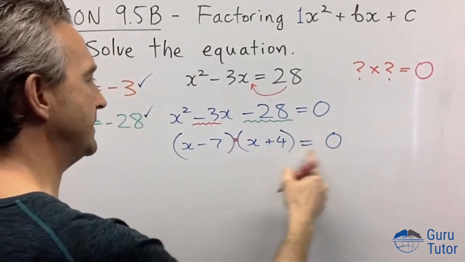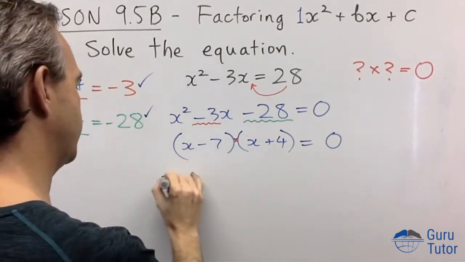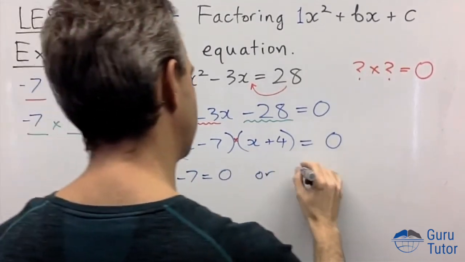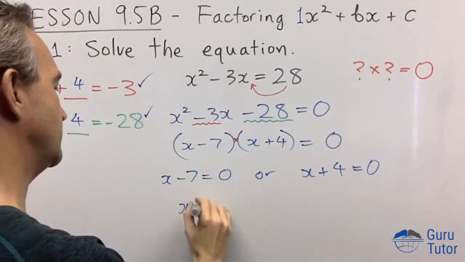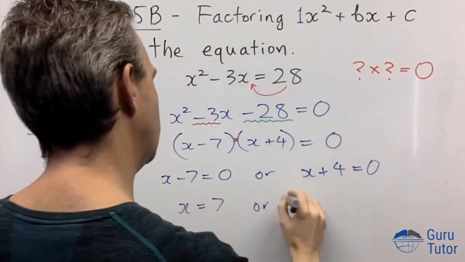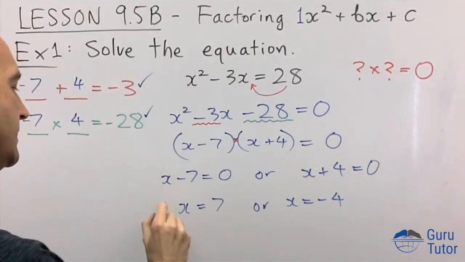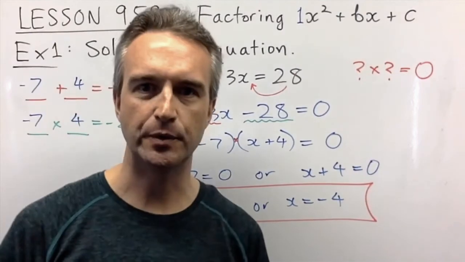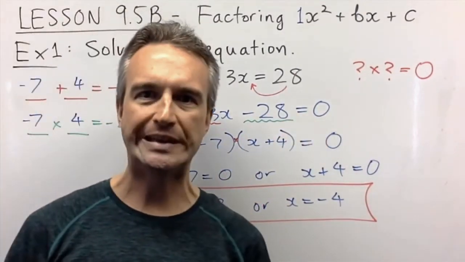It means that this could be 0 or this could be 0. And we get our two roots or our two solutions, x equals 7 or x equals negative 4. Okay, our little one-step equation there. So that's how you do that type of question. Same as last time, except just move everything to one side so it equals 0.